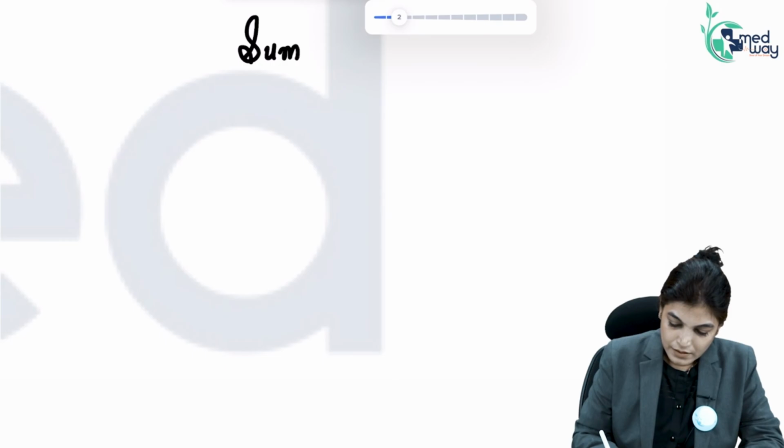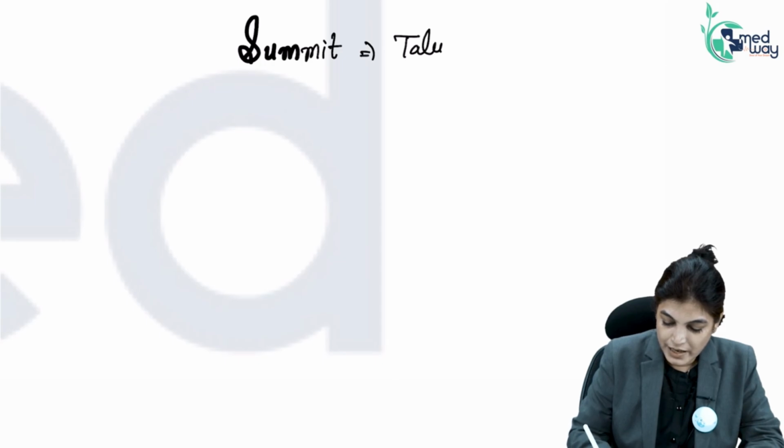So the important points are, first thing is the summit. The summit of the medial longitudinal arch is formed by the level of the superior aspect of the talus.